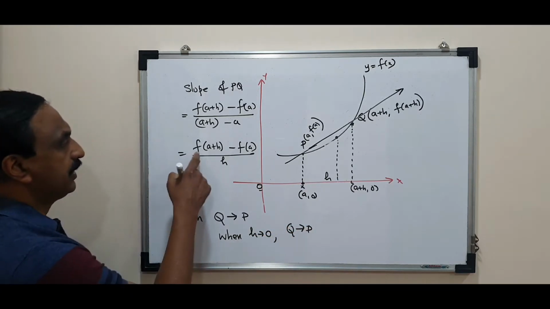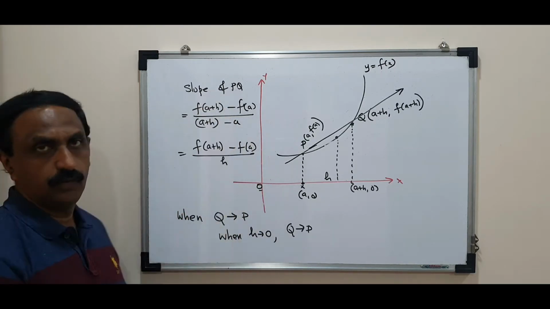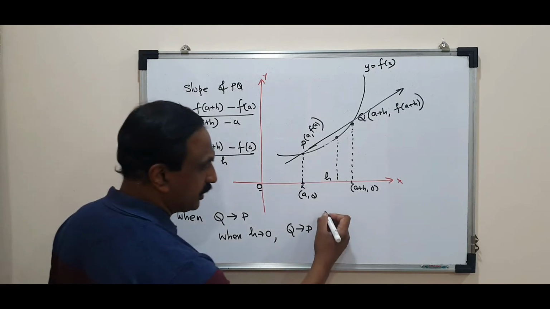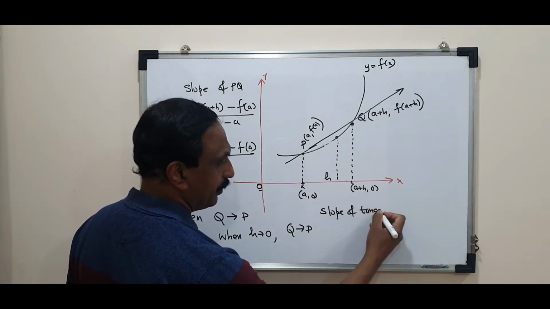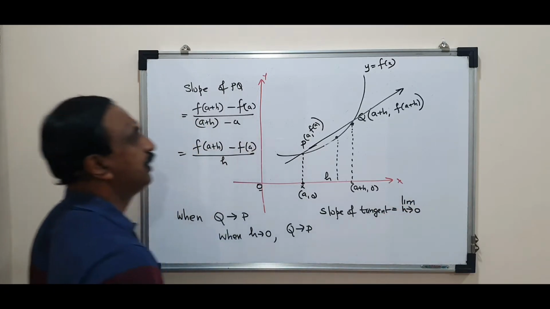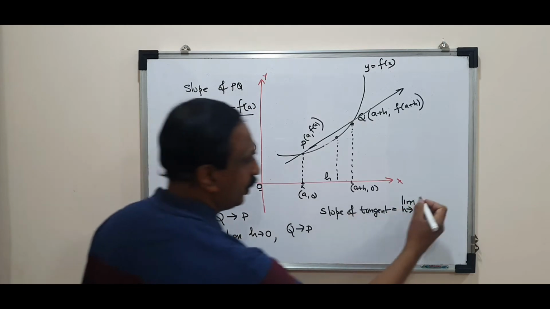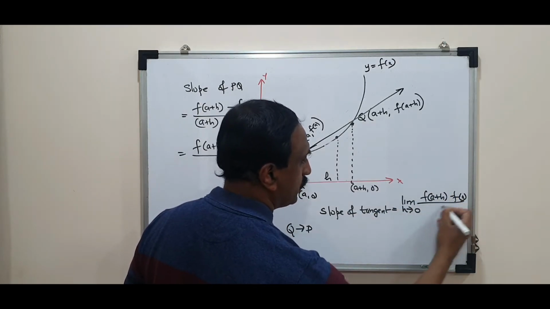So I can say when h tends to 0, this slope of the secant will turn to the slope of the tangent. So slope of the tangent will be limit h tending to 0 of the slope of the secant, so f of A plus h minus f of A upon h.